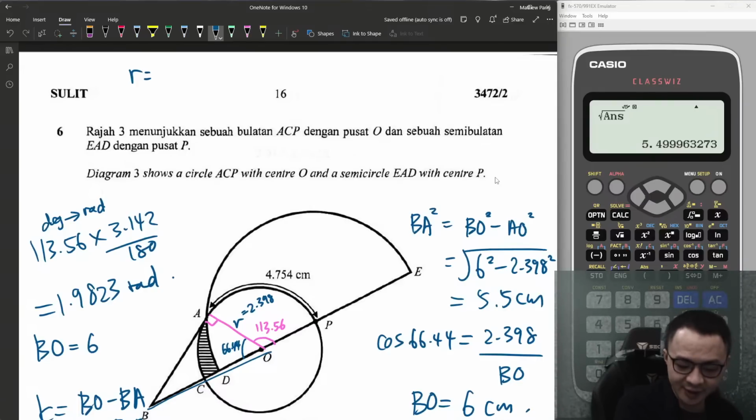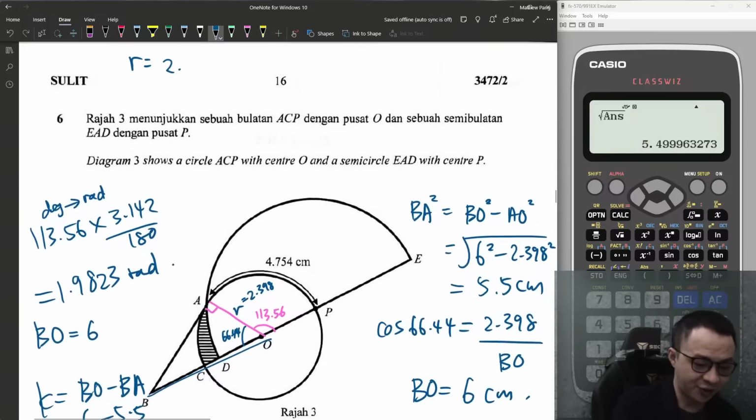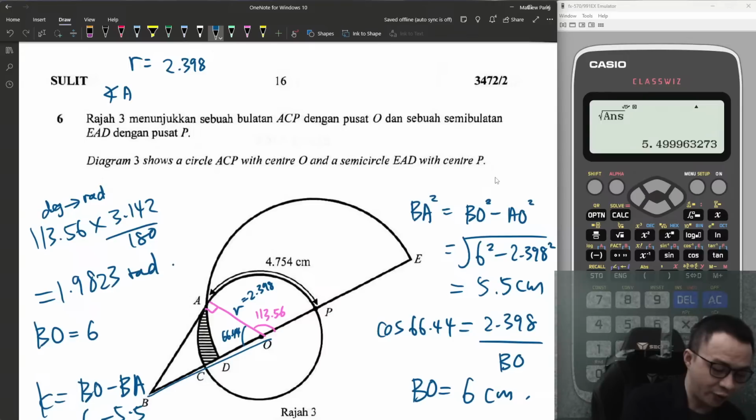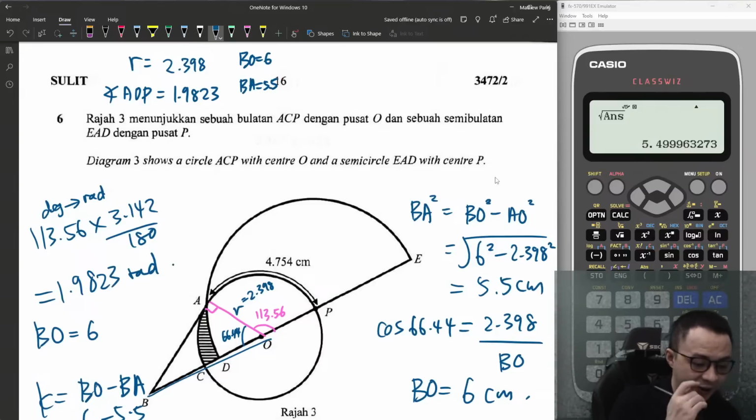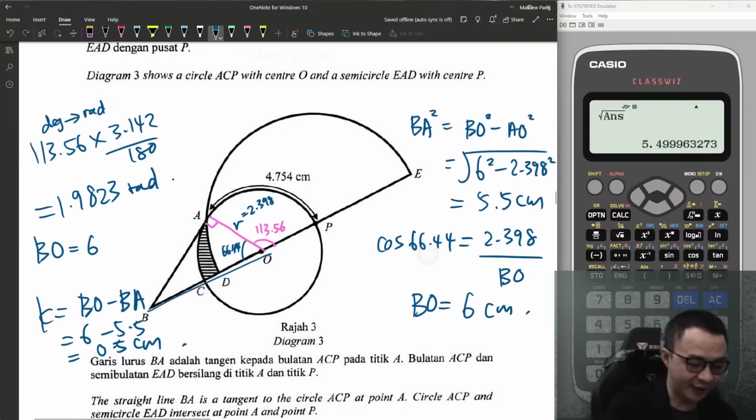The radius is 2.398, my theta, which is angle AOP in radian, is 1.9823, BO is 6, and BA is 5.5. Okay, this is all the information I have right now.